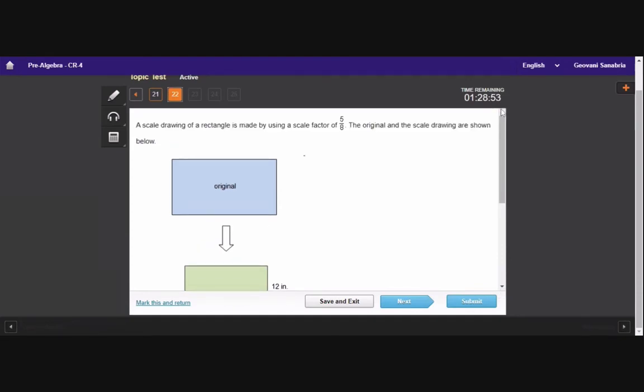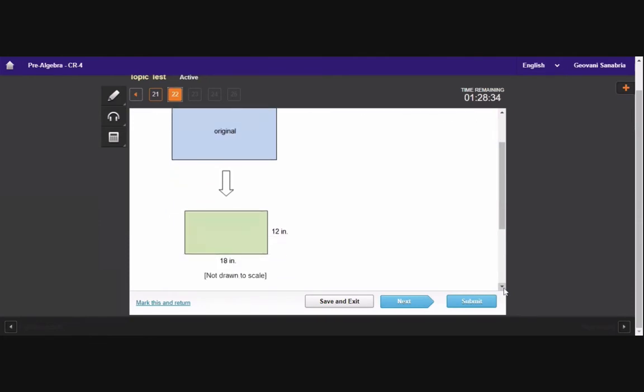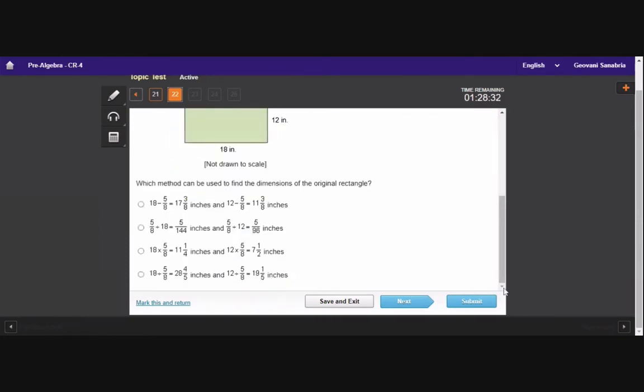The scale drawing of a rectangle is made by using a scale factor of 5/8. The original and the scale drawing are shown below. Which method can be used to find the dimension of the original triangle?